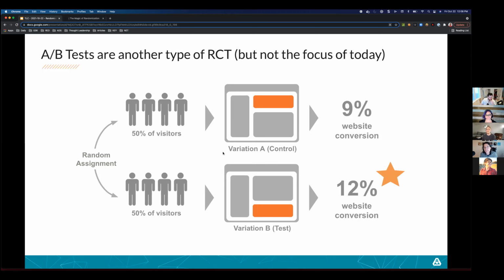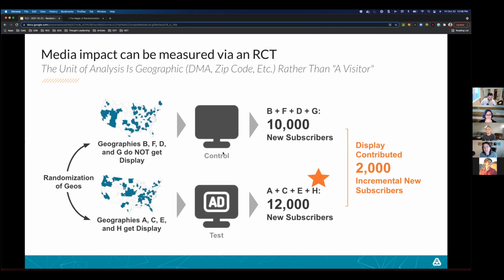A/B tests, as we said, are a form of RCT. Typically, we have much higher volume, more subjects, so the techniques we're going to talk about today are often more valuable and impactful when we have a smaller number of subjects. But A/B test is another form of RCT. Mainly, where we found ourselves getting deeper into these topics is media impact with RCTs.